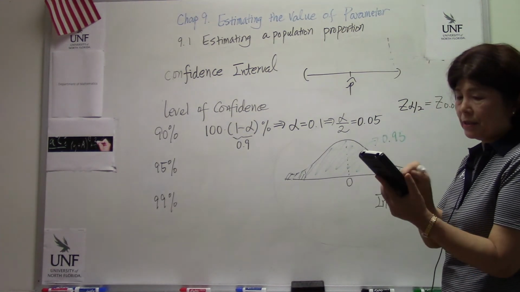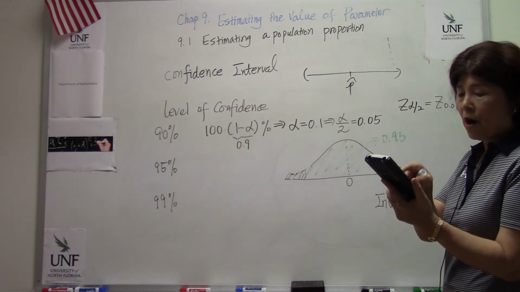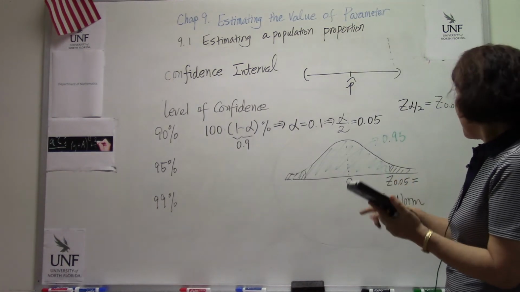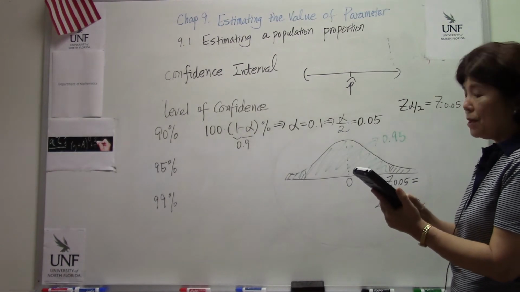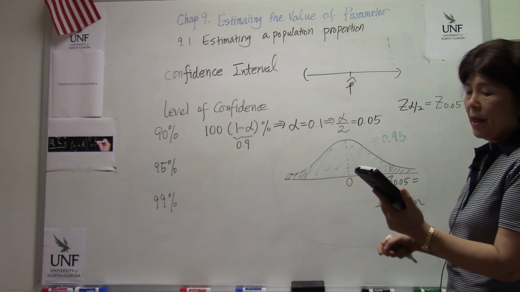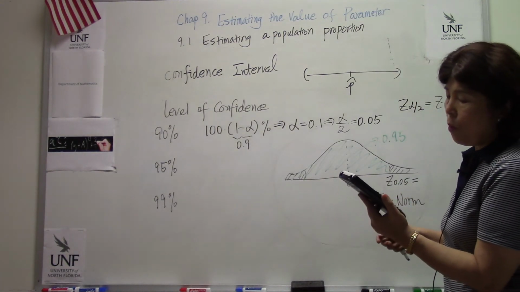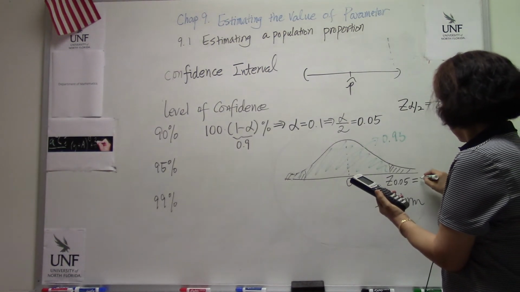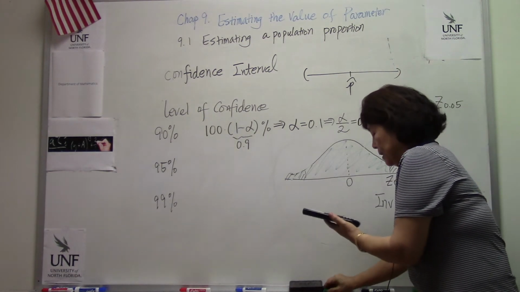We go to second VARS, the third option, invNorm, with area 0.95, mu equals 0, sigma equals 1, and then the result is 1.6448. So we are going to say 1.65.